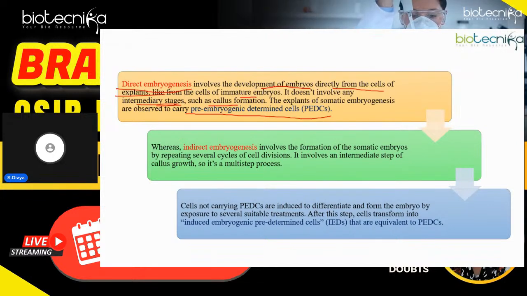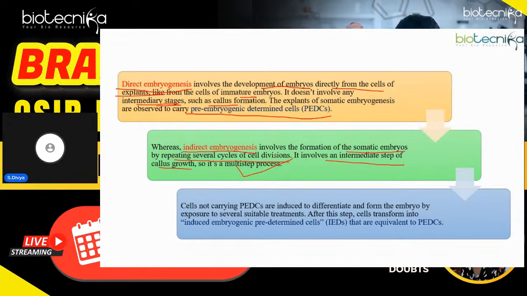So we call direct embryogenesis cells pre-embryogenic determined cells. The second one is indirect embryogenesis. Now, this involves the formation of somatic embryos, which undergo repeating cycles of cell division, and it also has an intermediate stage where callus growth takes place. So, overall, indirect embryogenesis is a multi-step process where the development does not take place from the explant.